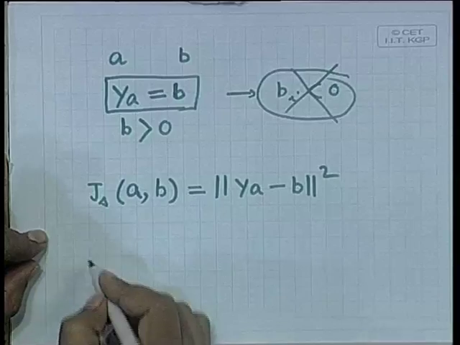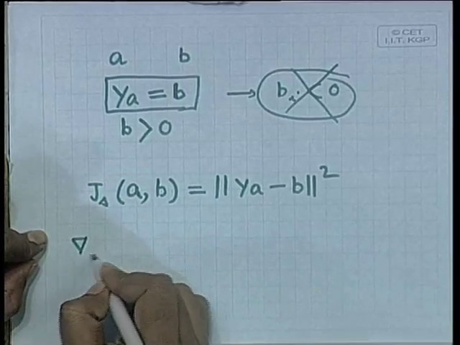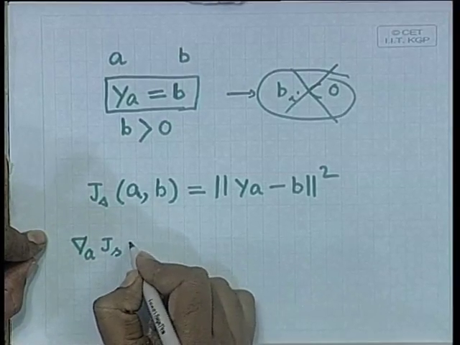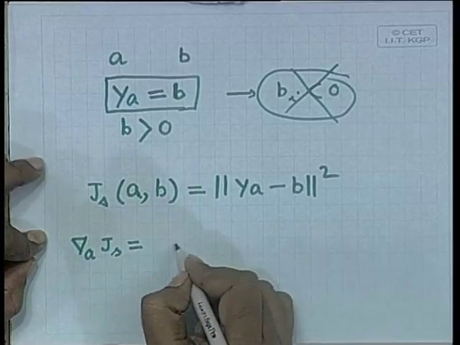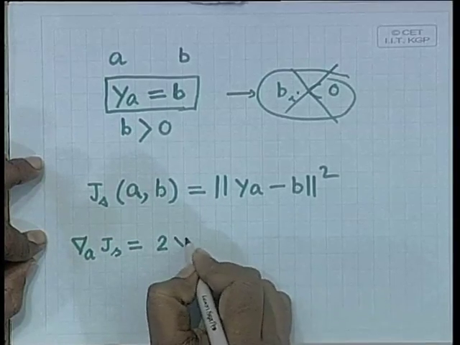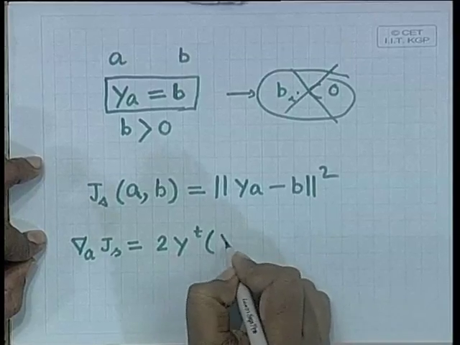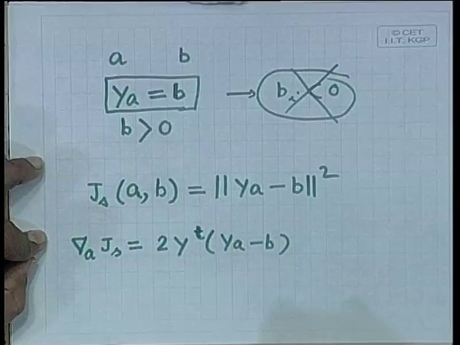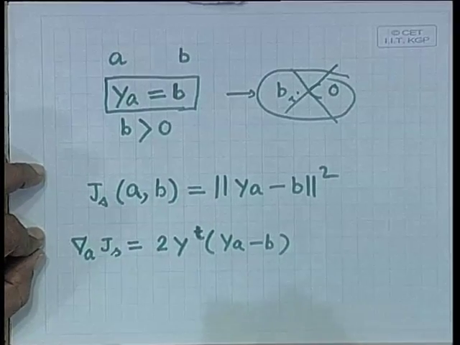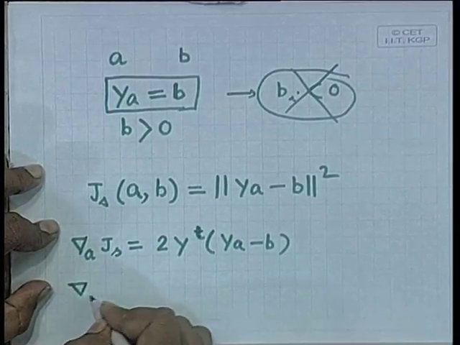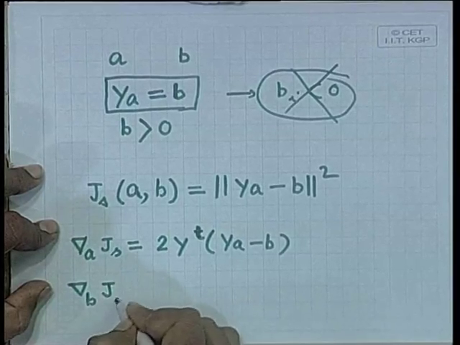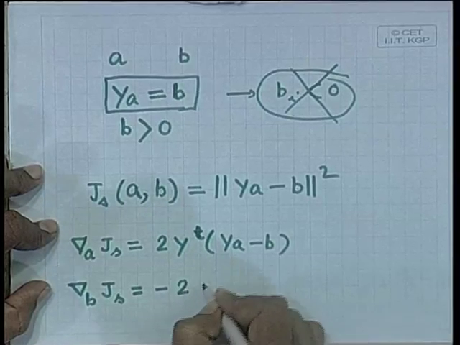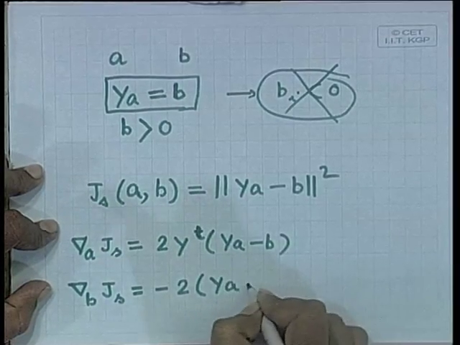The gradient with respect to a is what we have seen earlier: 2 Y transpose into (Ya minus b). And the gradient with respect to b is minus 2 (Ya minus b).